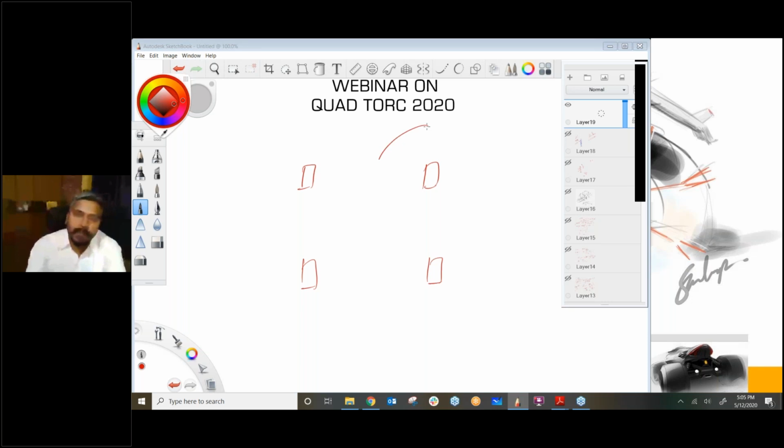Now what will be the change in load? Delta W will be equal to WL minus W by 2.